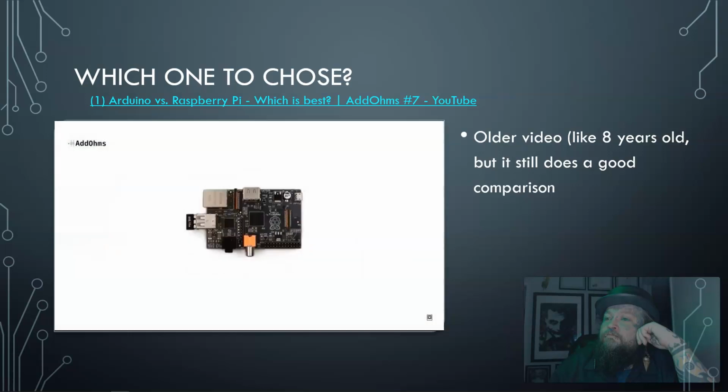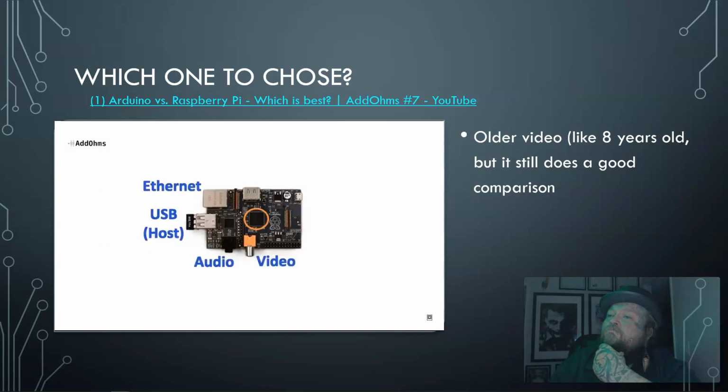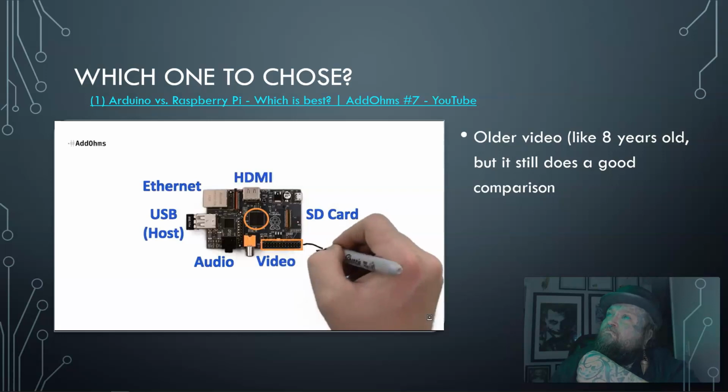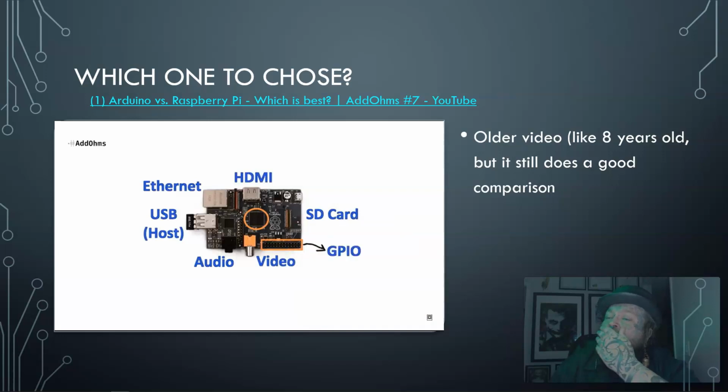The Raspberry Pi, on the other hand, is actually a single board computer, or SBC. On the board, there's a 32-bit microprocessor and ports that support video, audio, USB host, Ethernet, SD cards, and even an HDMI port. There are also some GPIO headers that look like Arduino pins and are kind of like Arduino pins, but we'll talk about how they're different in a little bit.